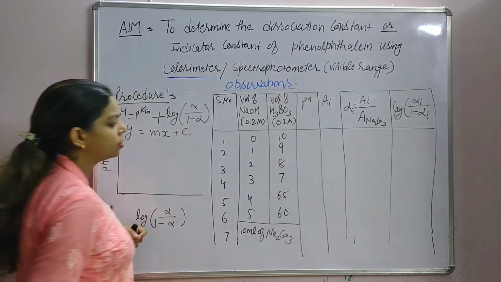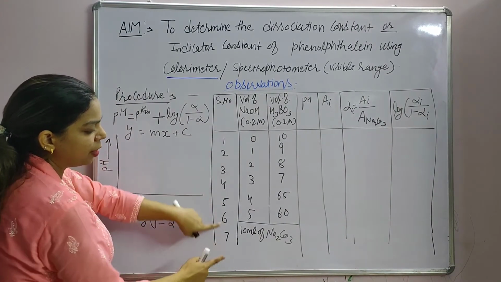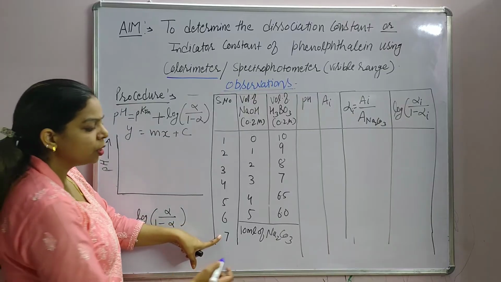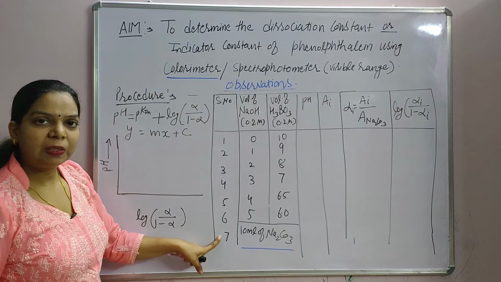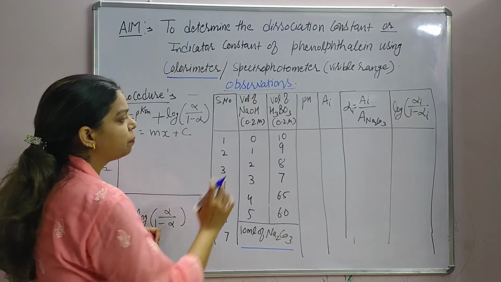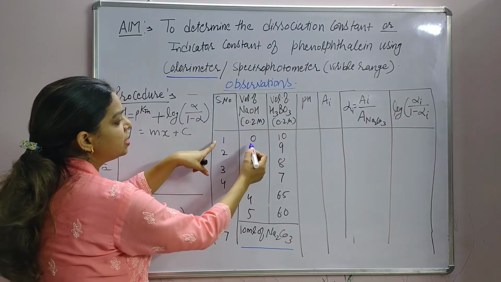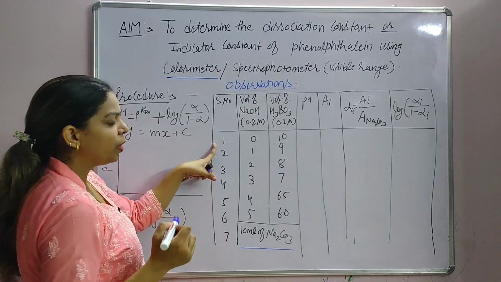Observations. So we have taken at least 6 solutions. The 7th one is the standard solution, which is the reference solution actually, 10 ml of sodium carbonate, which is the saturated one and will give the intense color for the phenolphthalein. So for the first reaction mixture, take 0 ml of NaOH from the burette and 10 ml of boric acid.